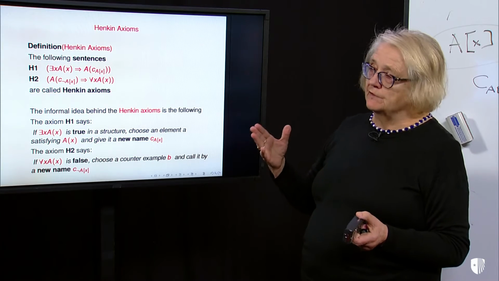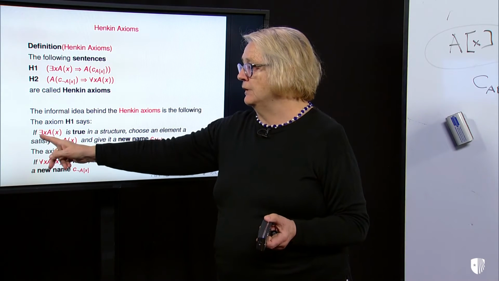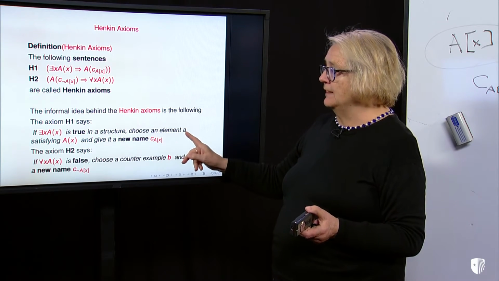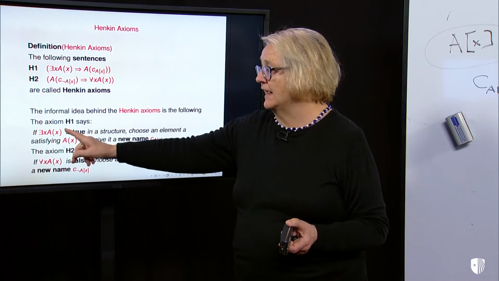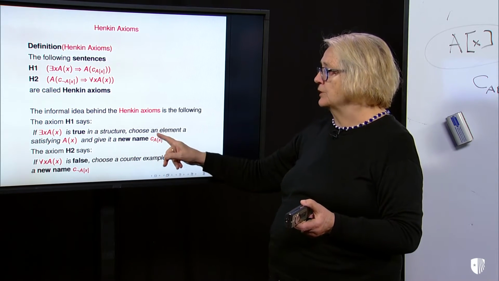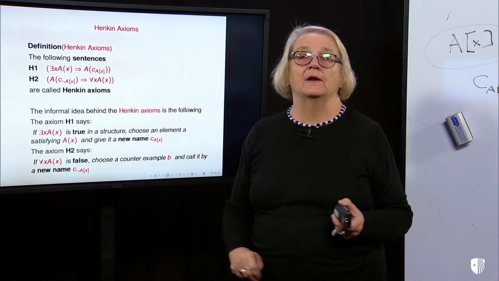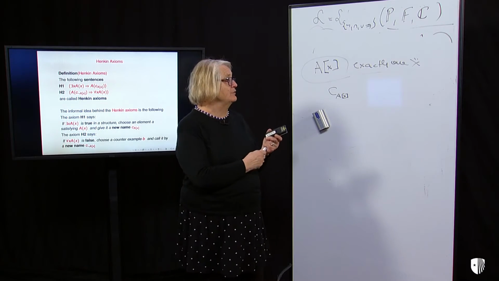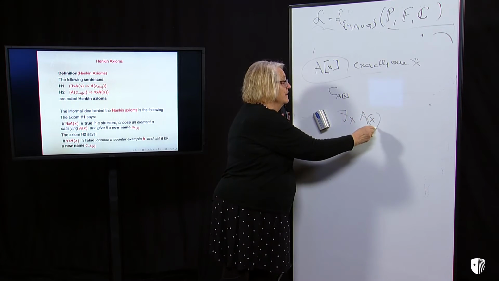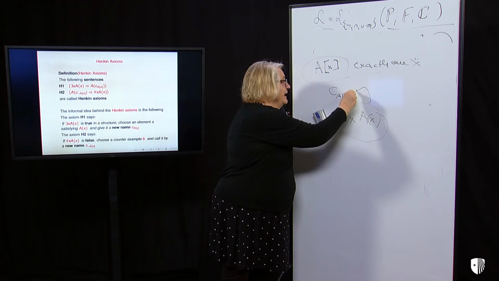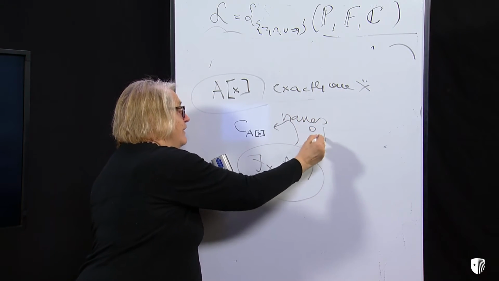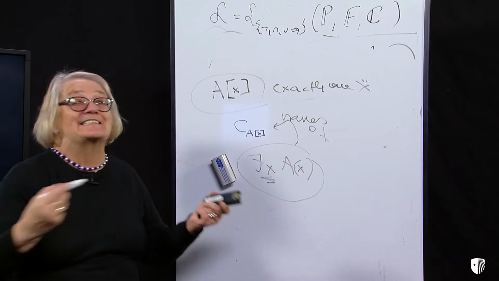If there exists x A(x) is true in a structure, we choose an element satisfying this A(x), because there is one, and give it a new name, which we call the constant for that formula. So really those constants, if you have there exists x A(x), are names of those x's which exist.